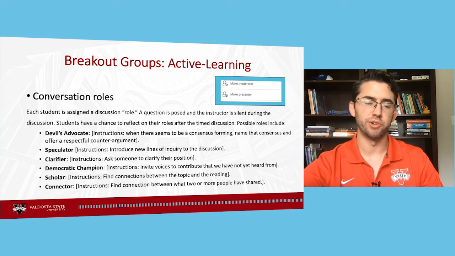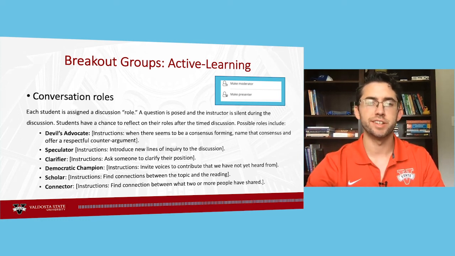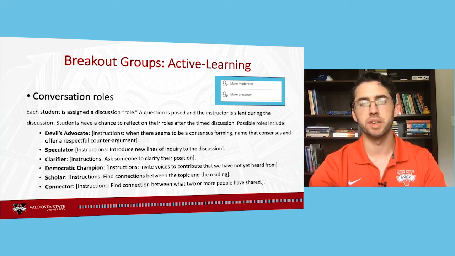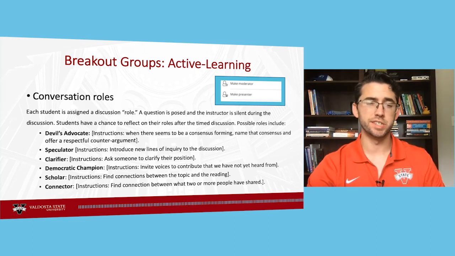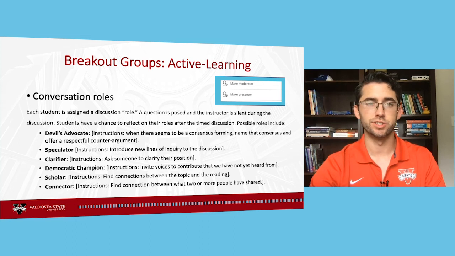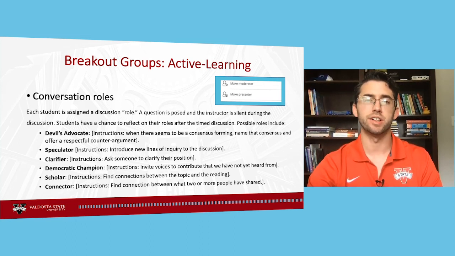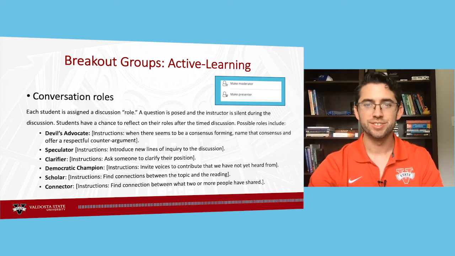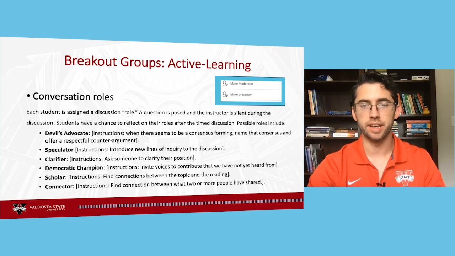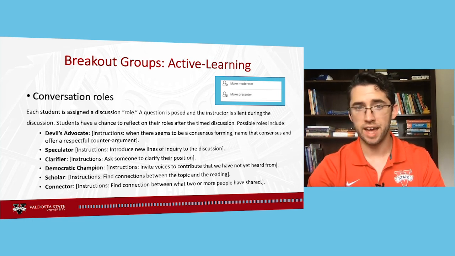In the breakout groups, another item that you may want to consider is having the students participate using specific conversation roles. This could actually be done in the main room of the discussion too, depending on the size of your class. However, if you have a really large class, you may want to assign groups for students to do this. Some roles that students might play are devil's advocate.